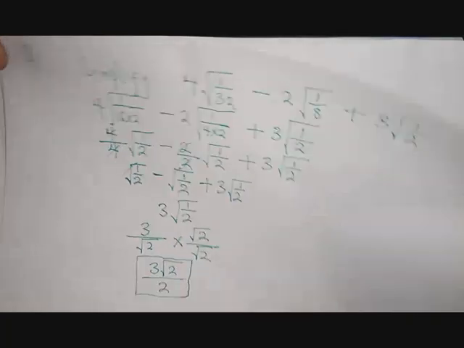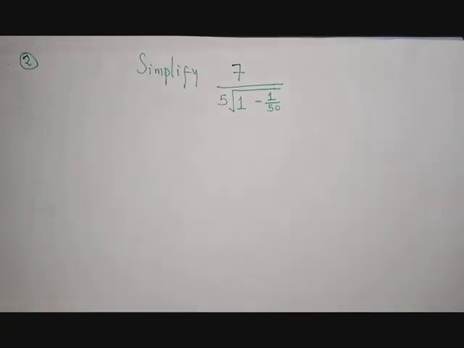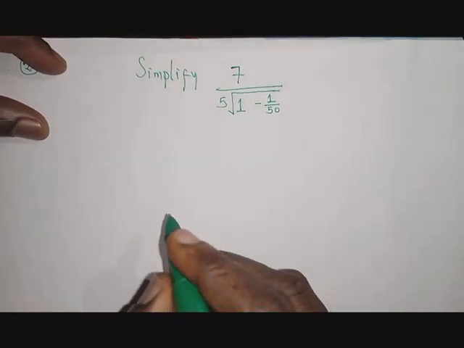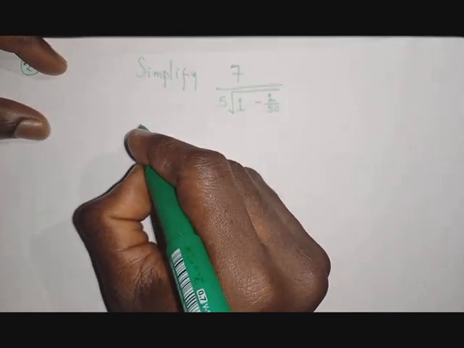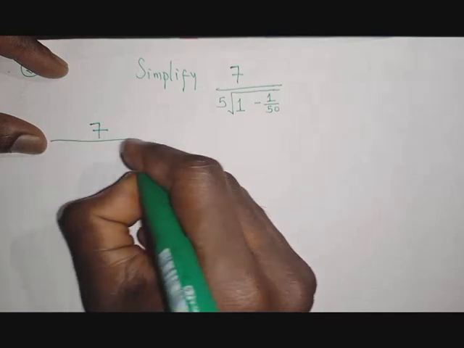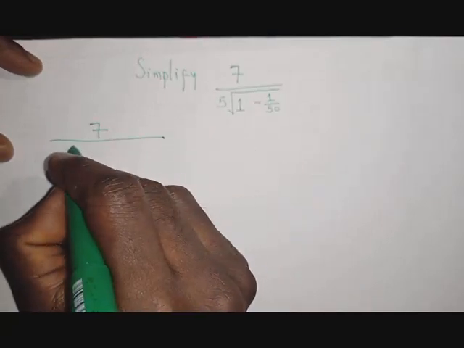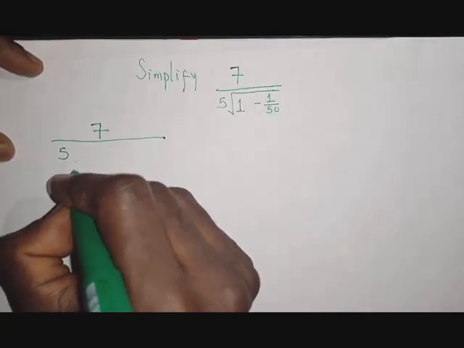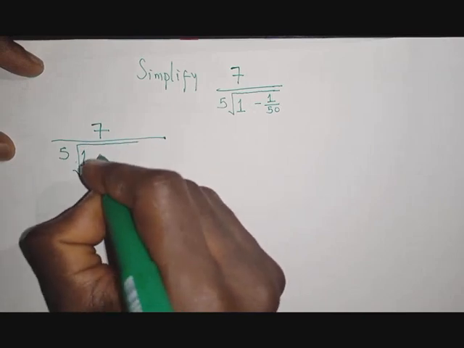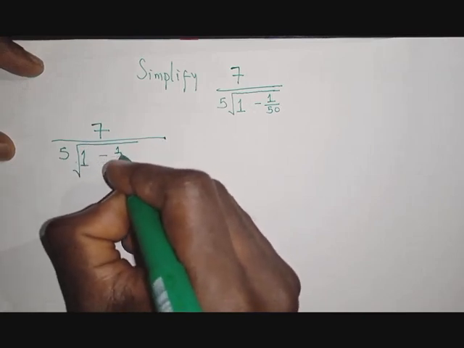So the next question is this. We have to simplify this: 7 all over 5 root 1 minus 1 over 50.